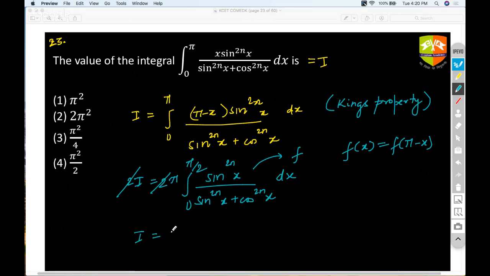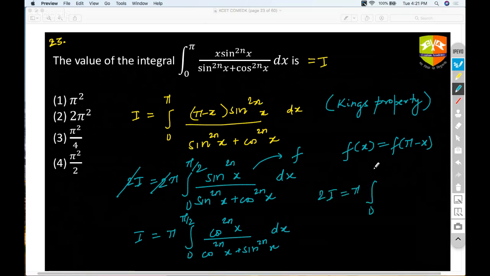Again, if I use King's property, I can write the same expression as integral from 0 to pi by 2 of cos to the power 2n x by cos to the power 2n x plus sine to the power 2n x. Adding up these two will give me 2I is equal to pi times integral from 0 to pi by 2 of 1 dx.